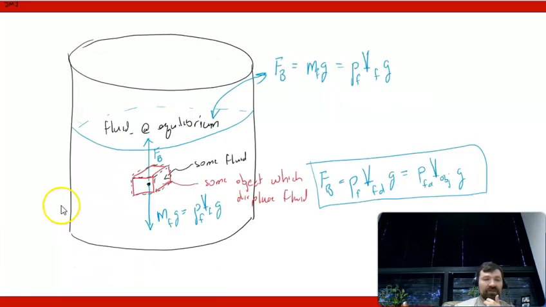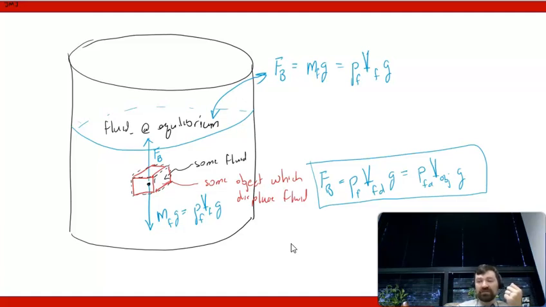Well, with this other approach, it should be evident that both the weight of the fluid displaced, which gives you the buoyant force, and the weight of the object, both things are reduced or increased by the same factor of g.